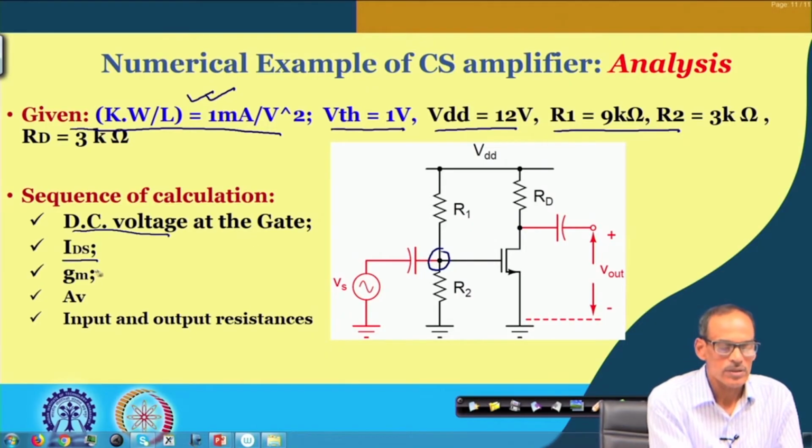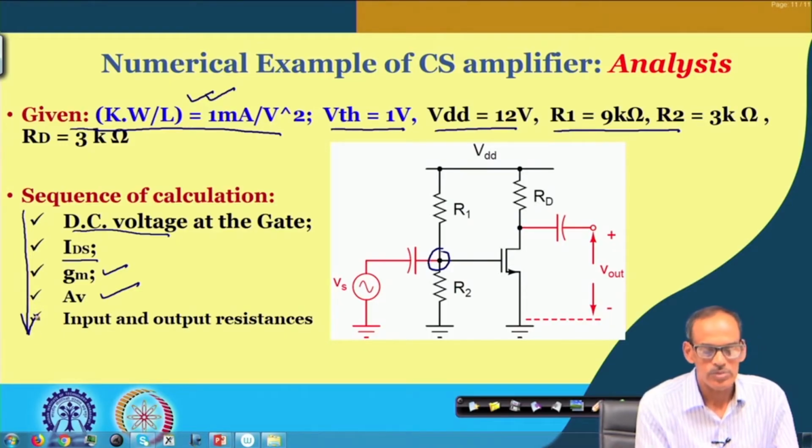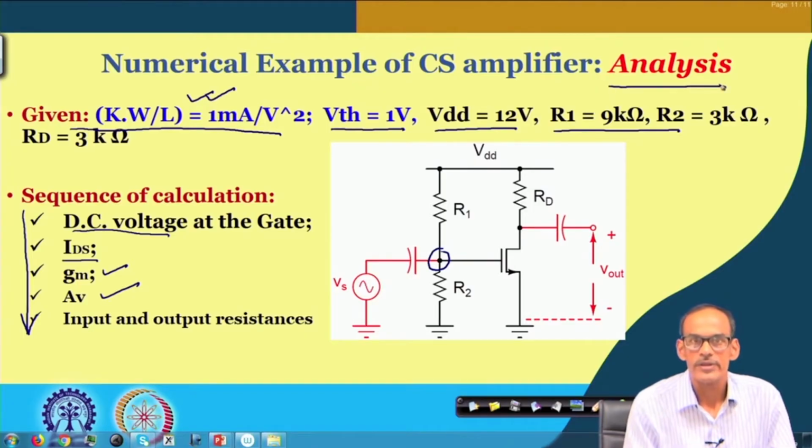From that, we calculated gm, then the voltage gain, and so on. Whatever procedure we have followed is referred to as circuit analysis.